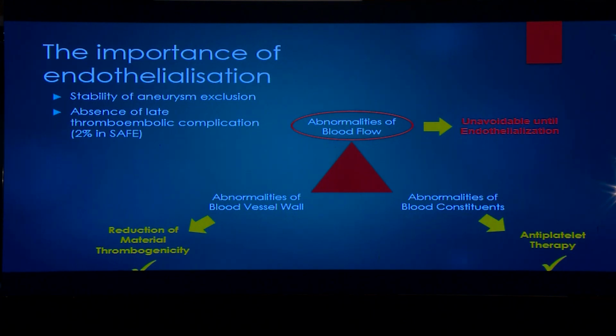Furthermore, it would be at least as effective as any unmodified stent, or hopefully more effective in promoting endothelial growth and coverage, as ultimately it's endothelialization that leads to the aneurysm stability and also reduces the propensity for late in-stent thrombosis or thrombotic complications. And just as an example, late stenosis or late thrombosis occurred in 2% of patients in the SAFE study, just as an example.